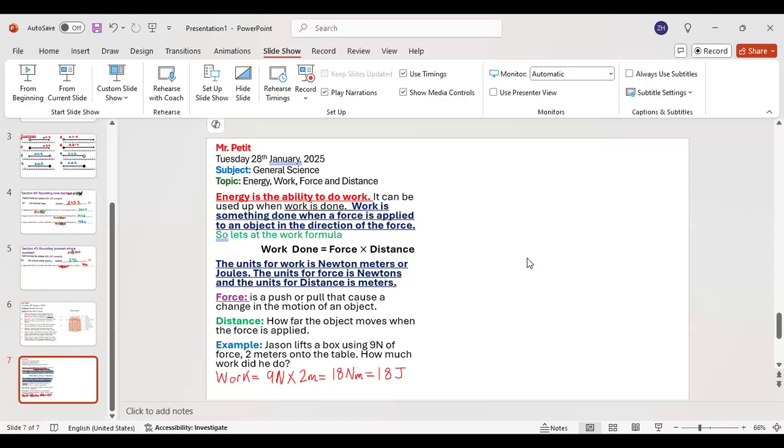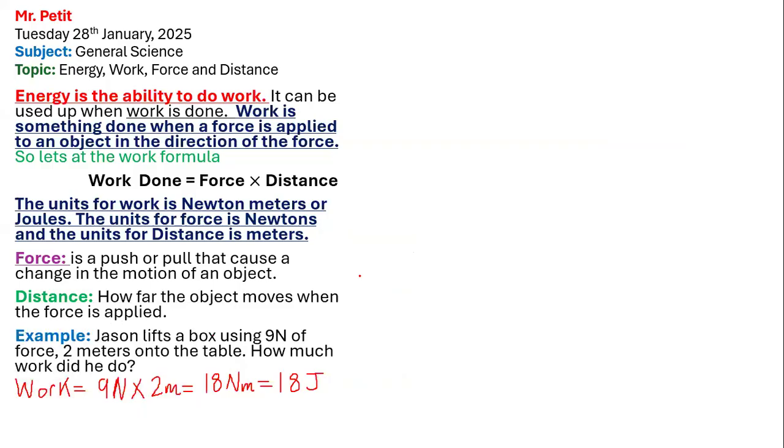So the only time work is done is when, let me show you. Let's say we have this box, right? We just look back at this box. We have this box here.